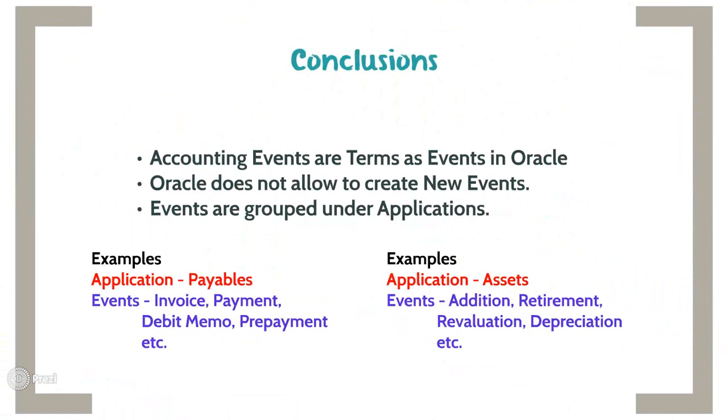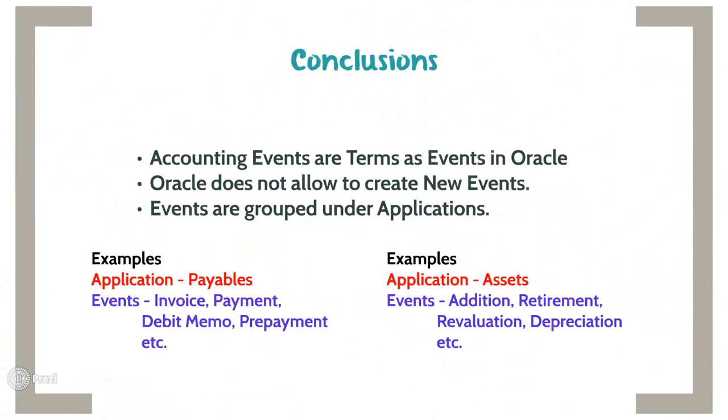So whenever you are using the payables application, these are all the accounting events you will get. And another example of assets, so I say addition is one event, retirement, revaluation, depreciation. So this is one logical grouping that has been done by Oracle for the events. So once the events are grouped together, this is called the accounting application definition. So this grouping is done at application level.